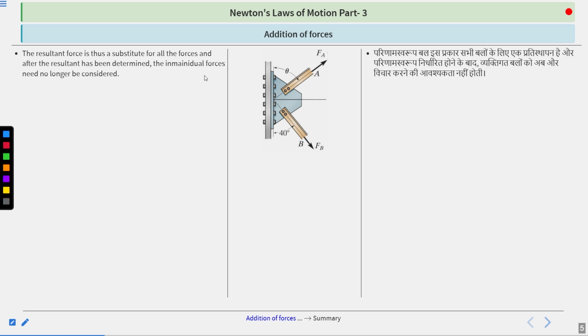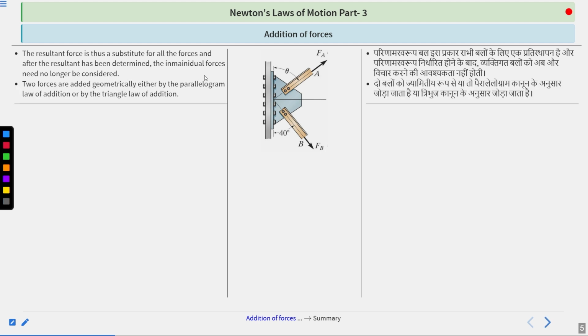Once we determine that new force, the resultant force resulting from the combination of these three forces, that resultant force will be taken into consideration. The individual forces A, B, C, we no longer need to consider. We will only consider the resultant.